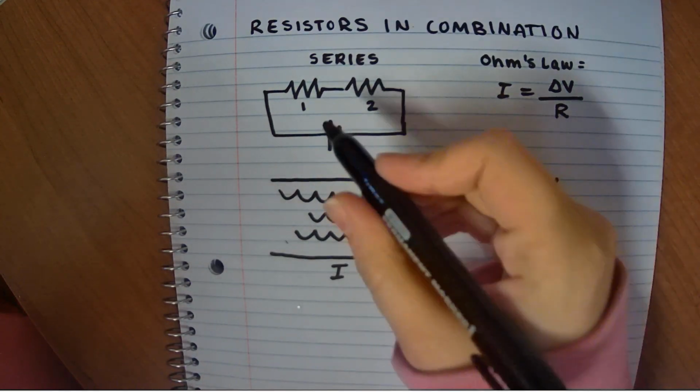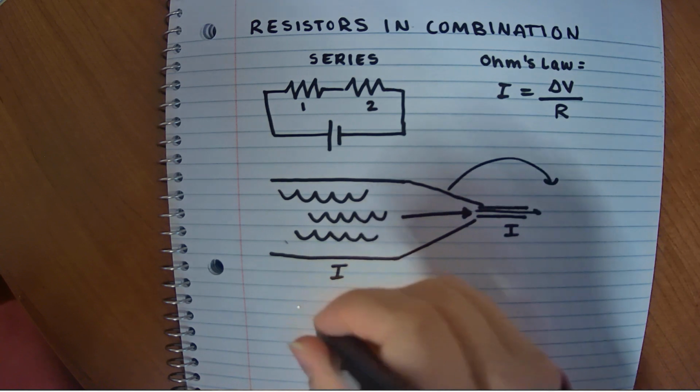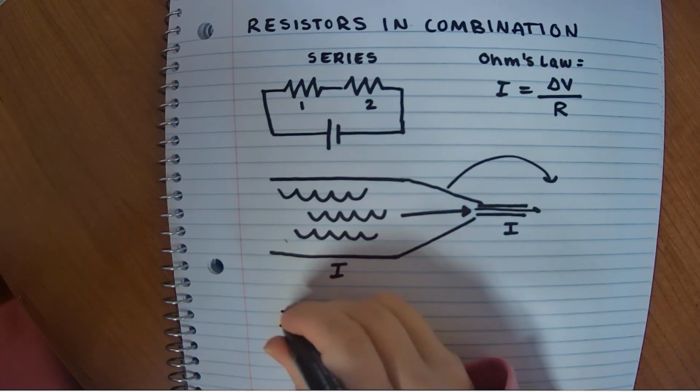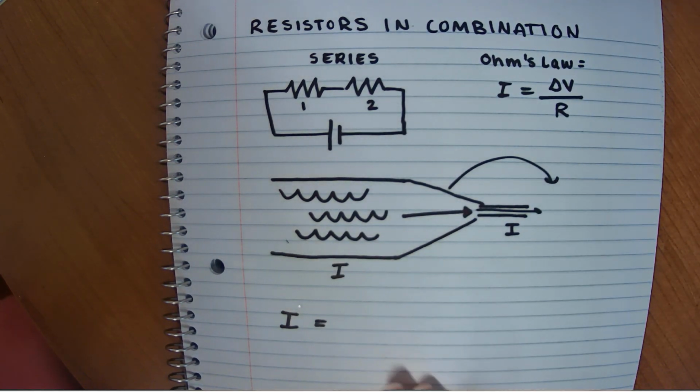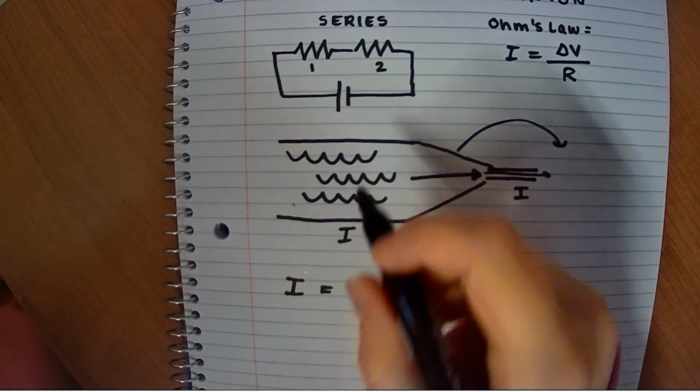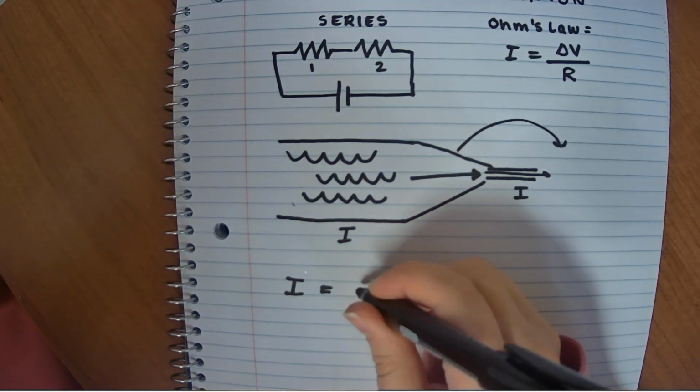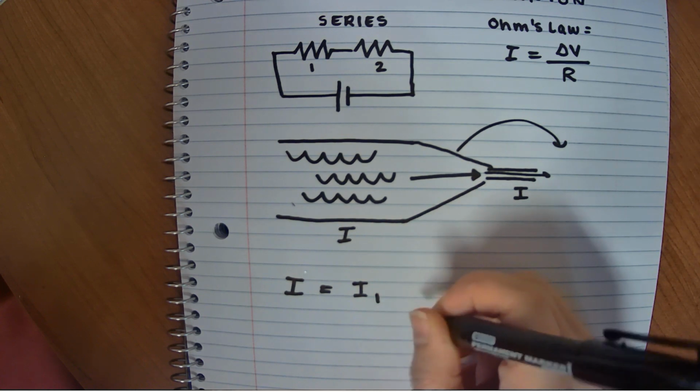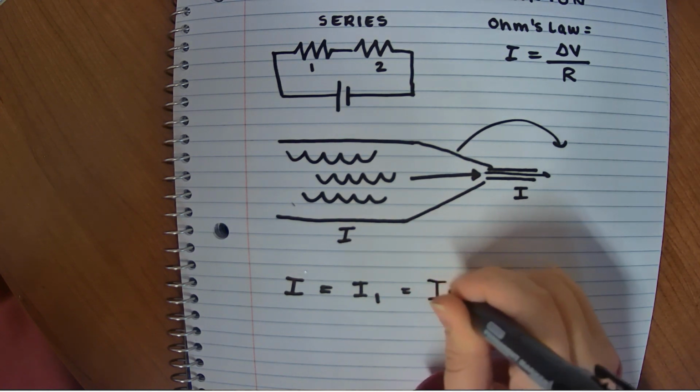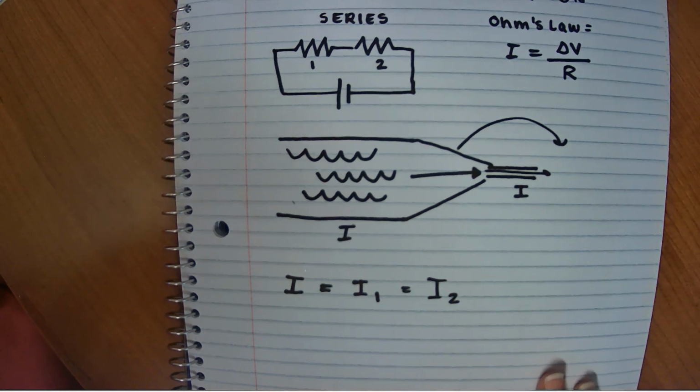As we know before, the overall current of the series is going to be equal to the current flowing through resistor 1 and the current flowing through resistor 2.